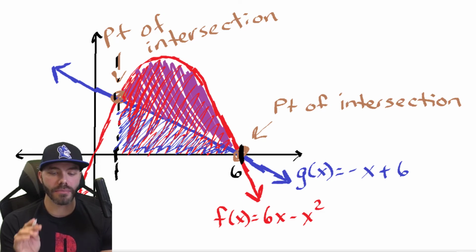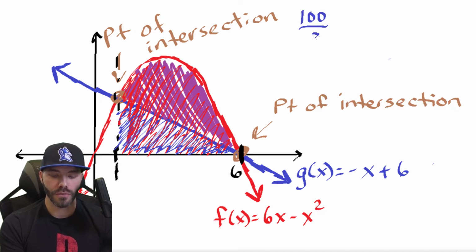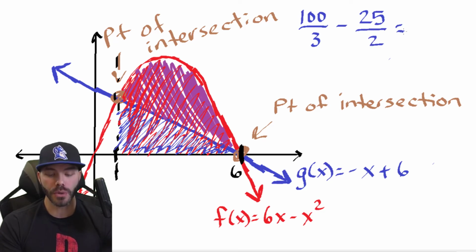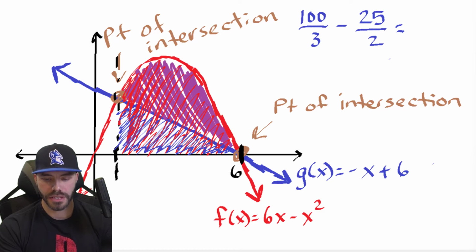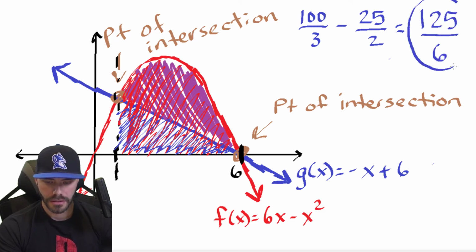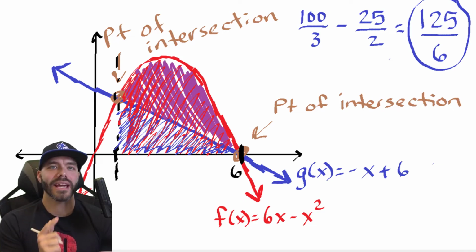So the area bounded between f of x and g of x would simply be 100 over 3 minus 25 over 2, which would give you 125 over 6. That's the area between these two curves.